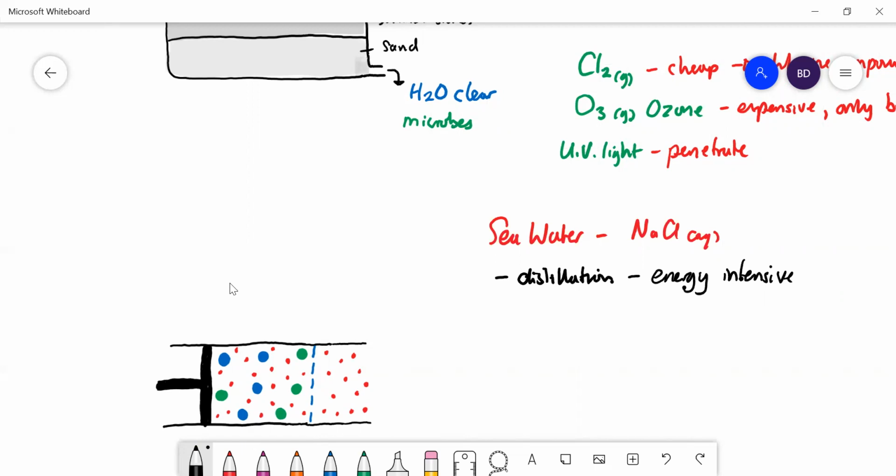There's another way of doing it, and this diagram down on the left shows you how. This is called reverse osmosis. Now, what you have here is the water, and this is supposed to be a kind of syringe, and so the water is under pressure. You force the water under pressure, and here you have a semi-permeable membrane.